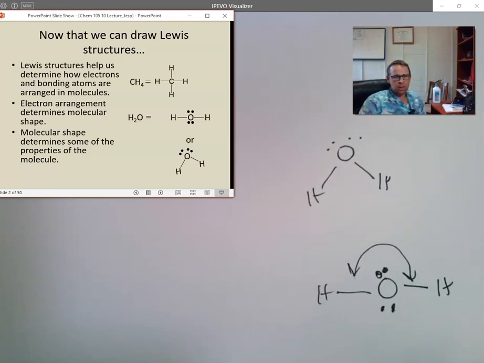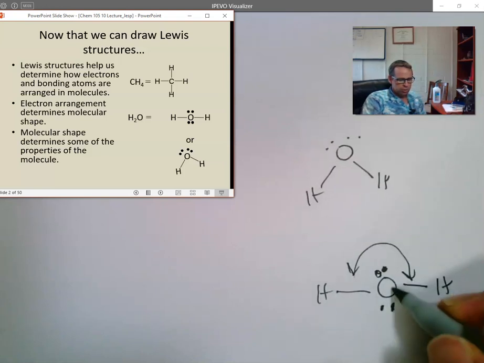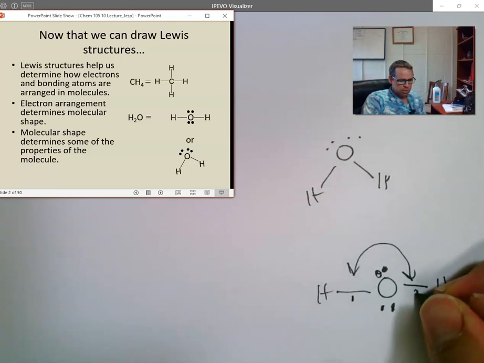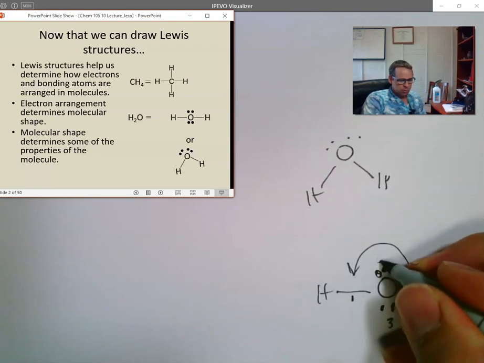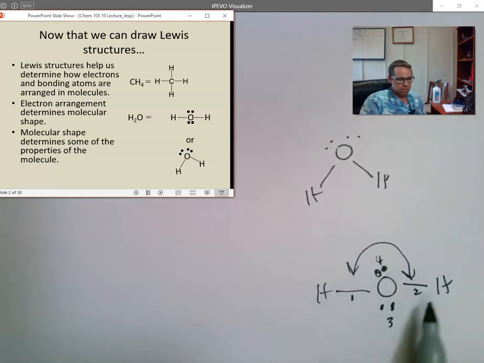What we do, Anastasia, is we count the regions of electron density around the central atom. Here we have 1 region, 2, 3, and 4 regions, right? You count bonding regions, whether they're double or single bonds, as regions, and you count non-bonding regions as regions.